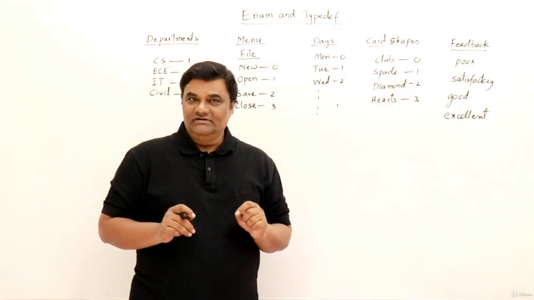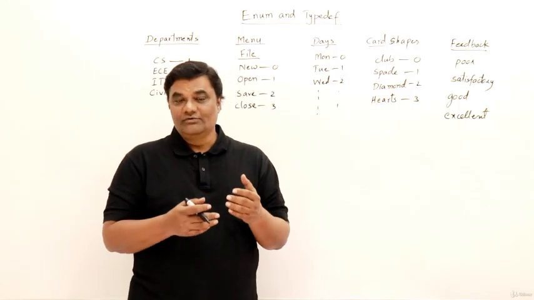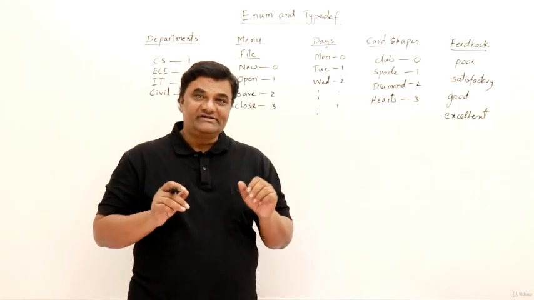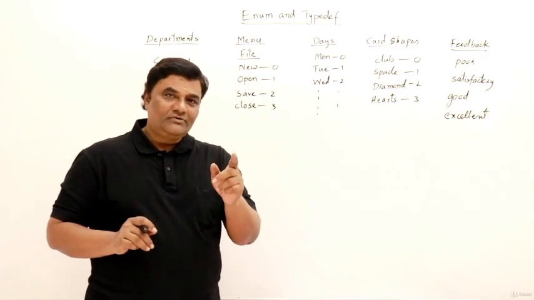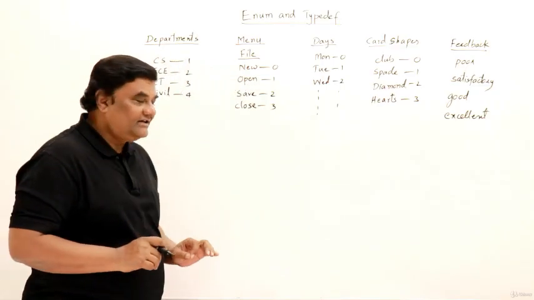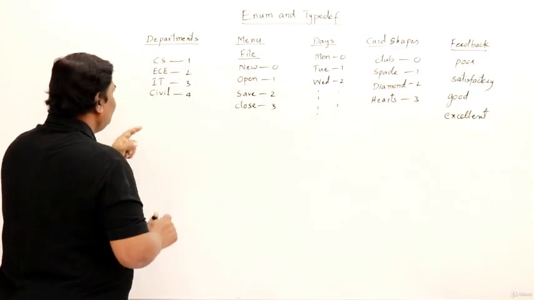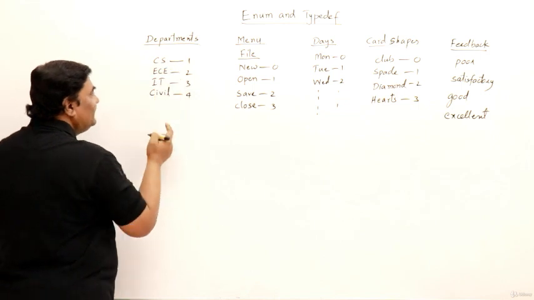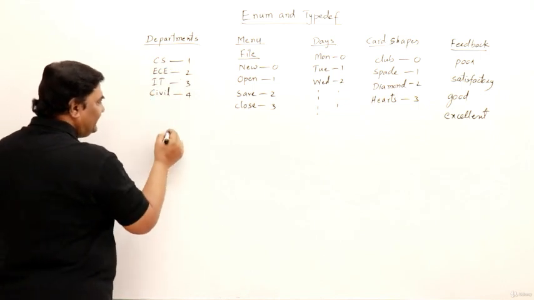Now these were the examples. Now we want to learn how we can define these codes in our programs and use them. For this, there is more than one option. First option I will tell you, I'll take this example of CS, ECE and so on for all these. I can define constants.